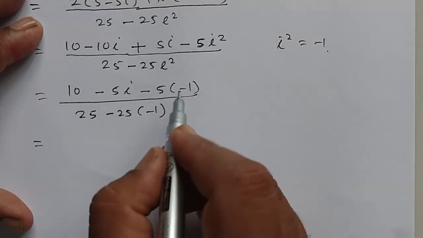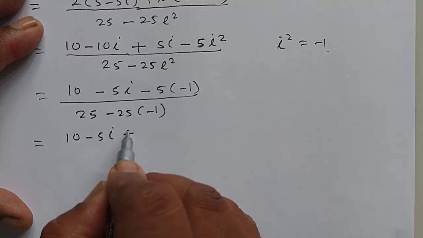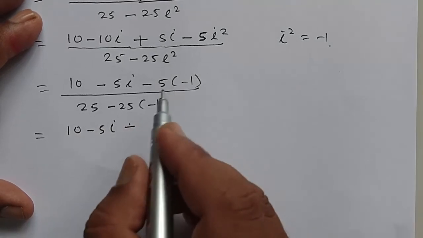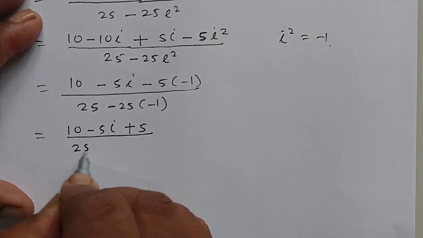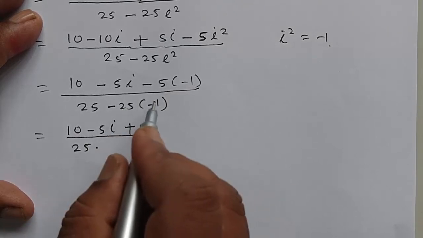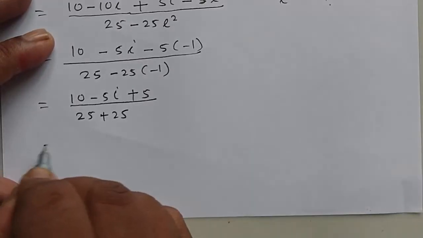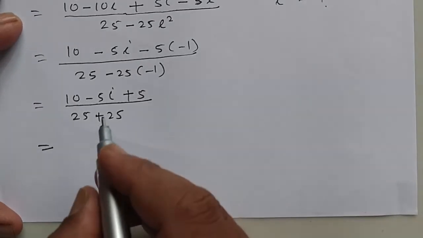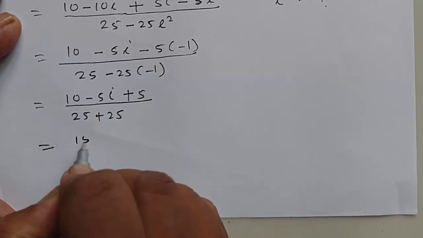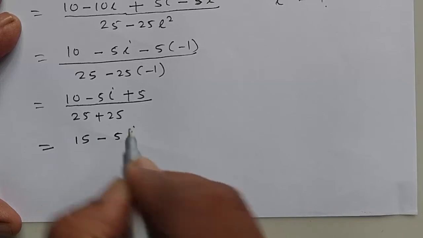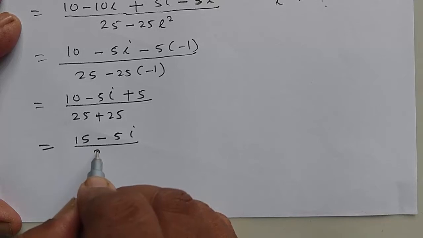This is equal to 10 minus 5i, minus 5 into minus 1, that is plus 5, upon 25 minus 25 into minus 1, plus 25. This is equal to 10 plus 5, that is 15 minus 5i, upon 25 plus 25, it is 50.